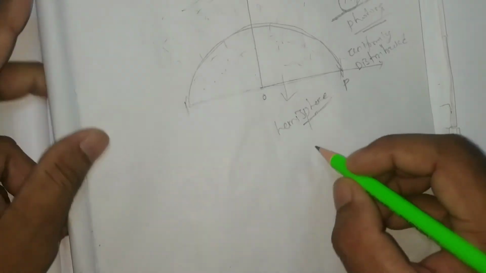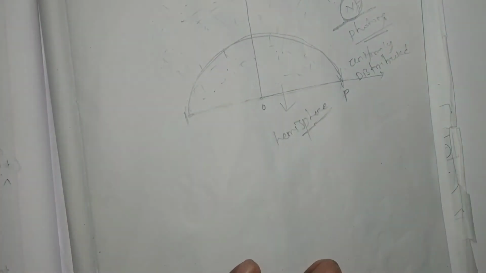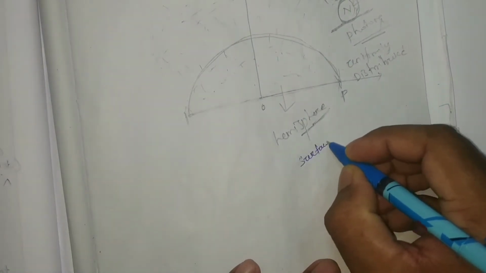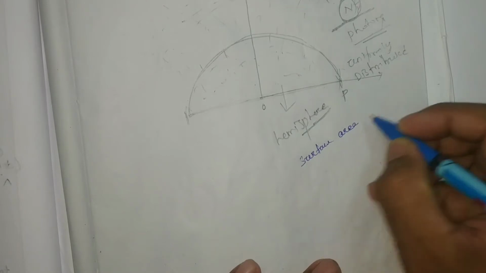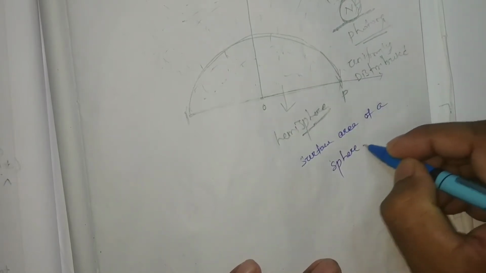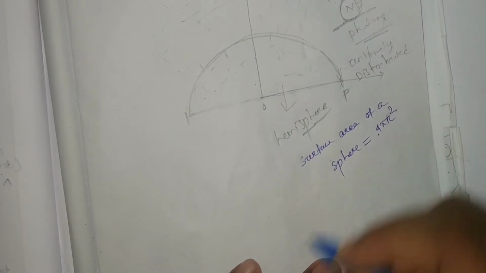We know that the surface area of a sphere is 4 pi r square, where r is the radius.